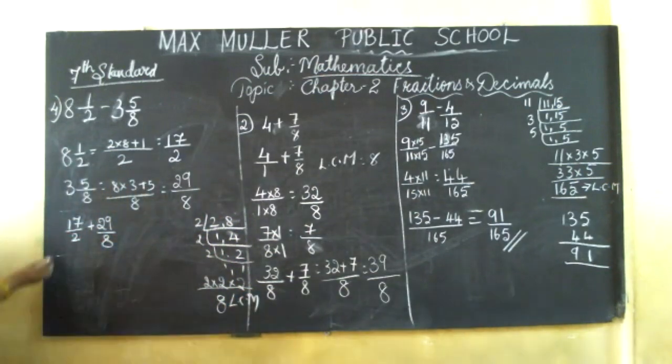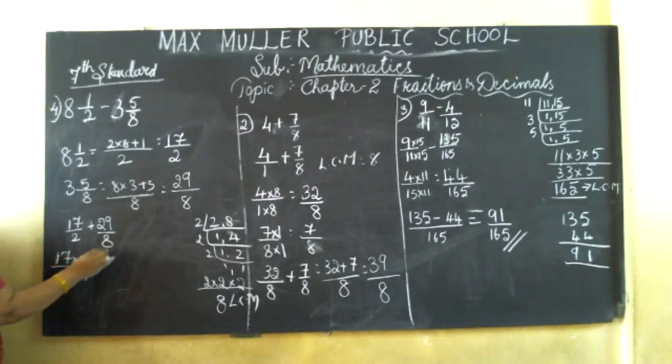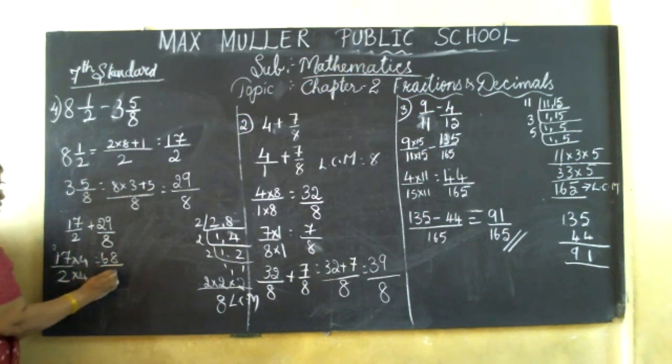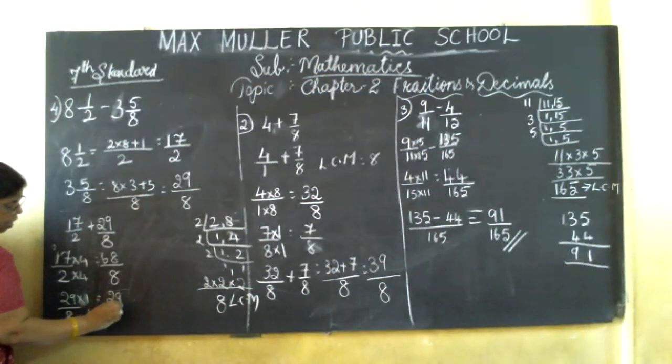Okay. 17 by 2 into 4 into 4. 68. 7 fours are 28, 2 carry, 7 ones are 7, 4 ones are 4, 5, 6. 68 by 8. Then 29 by 8 into 1 into 1. 29 by 8.